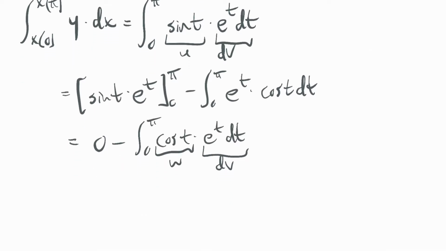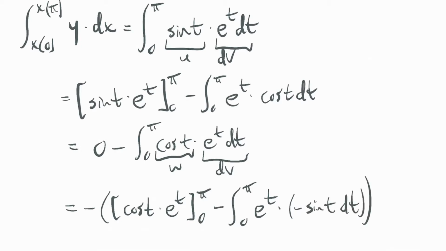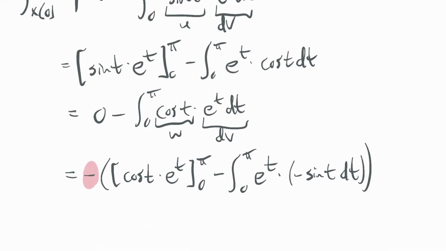So this will equal, I can drop the 0, minus cosine t times e to the t, evaluated at 0 and at pi, minus the integral from 0 to pi of e to the t times negative sine t dt. Okay? So now I'll distribute this minus sign onto this term and this term.